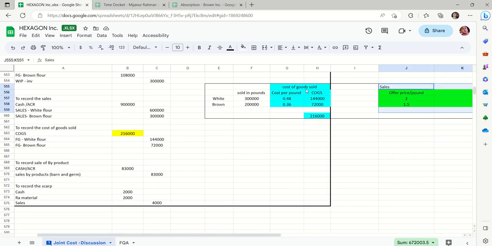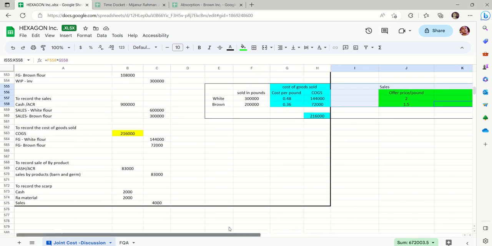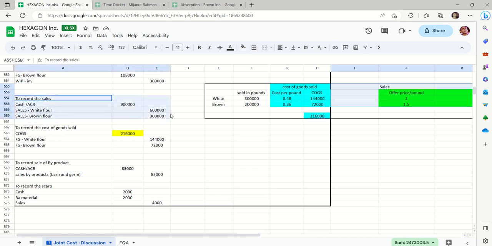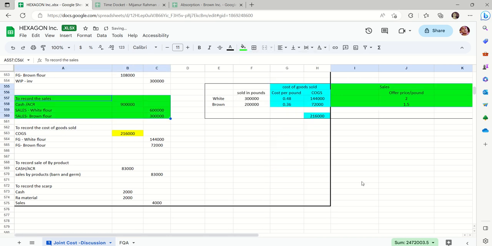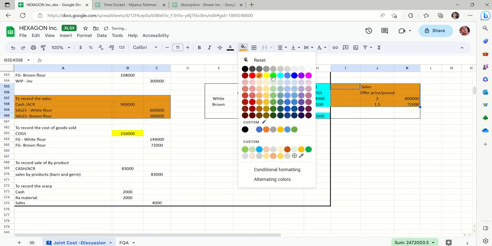Okay, so now we already calculated this. We already recorded this in our journals right there. Green with green, you can see that, right? So you can see that this green, we already recorded in our system.